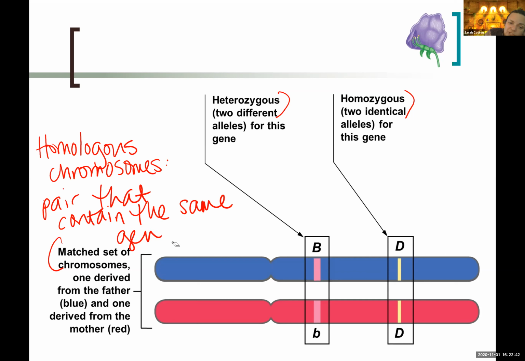It'd be good if I could spell genes. Let's try that again. So in this particular example, and we haven't talked about the structure of DNA much yet, so just work with me for now.